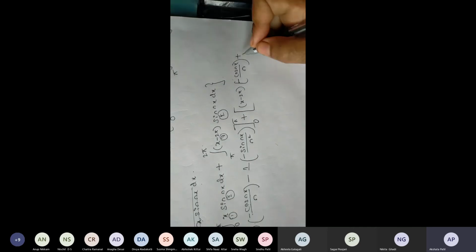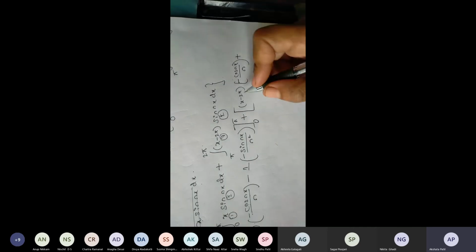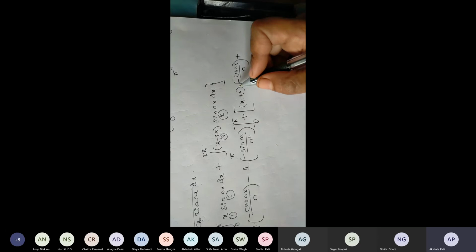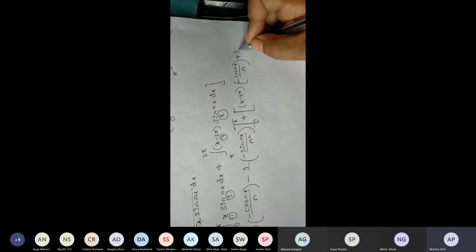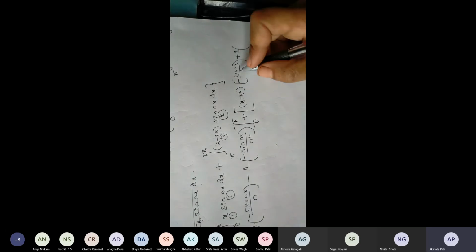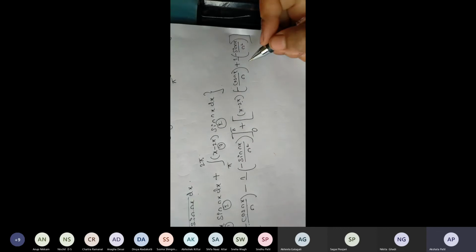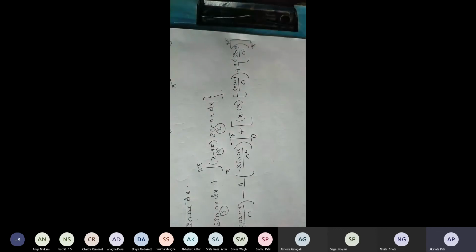Now plus x minus 2 pi, x differentiation is 1, minus 2 pi is 0, so here you will get 1. And cos integration is plus sine, already minus sign is there, means minus sin nx divided by n square. Apply the limits, that is pi to 2 pi.